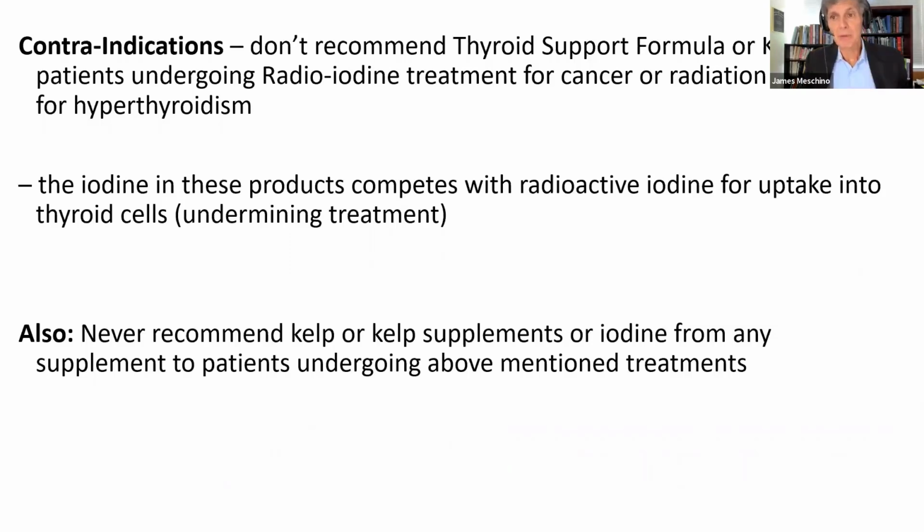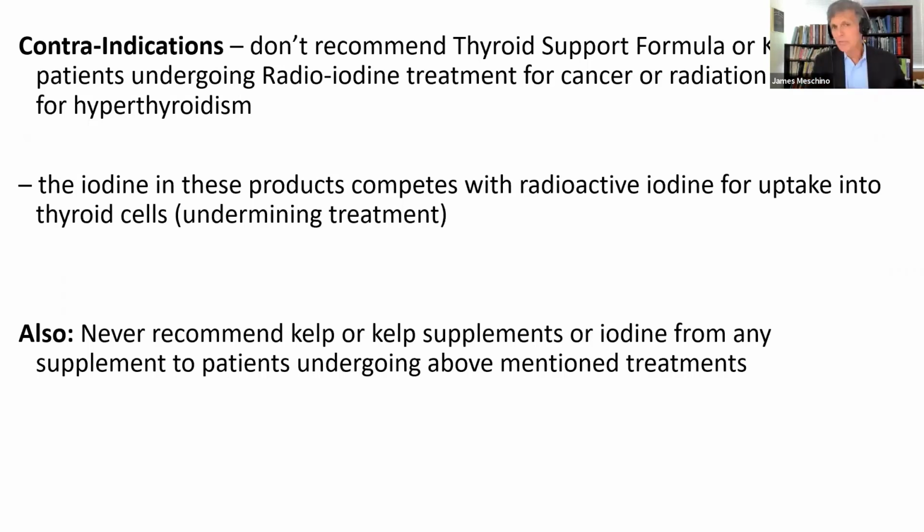But in terms of Thyro-Support formula, there's certain people who you can't give it to. Someone who's undergoing radioactive iodine treatment for cancer or for any type of thyroid disorder, or they're undergoing radiation therapy of the thyroid gland, or they've had thyroid cancer and they're being treated with radioactive iodine or follow-up radiation, you can't give them Thyro-Support formula because it contains iodine, which will compete and try to override the radioactive iodine.